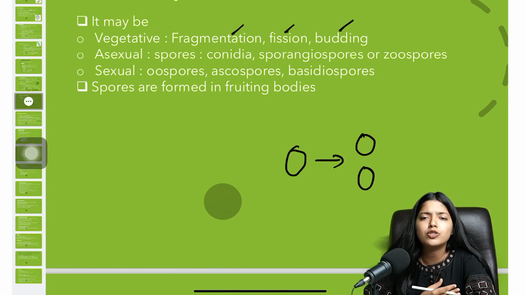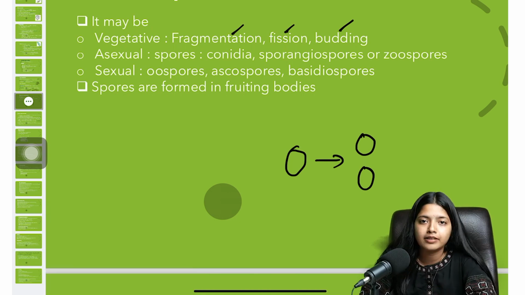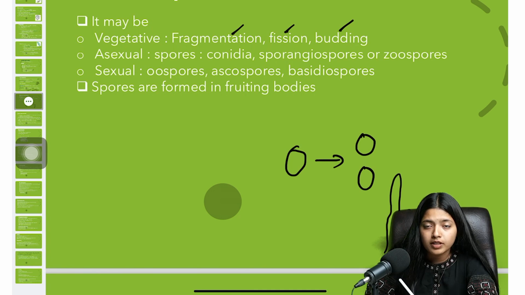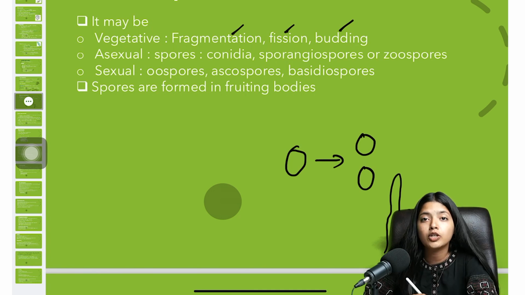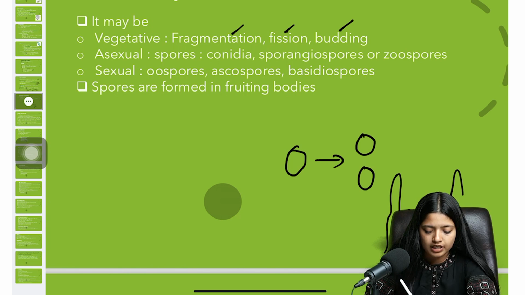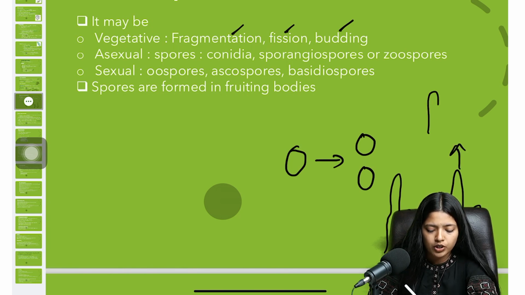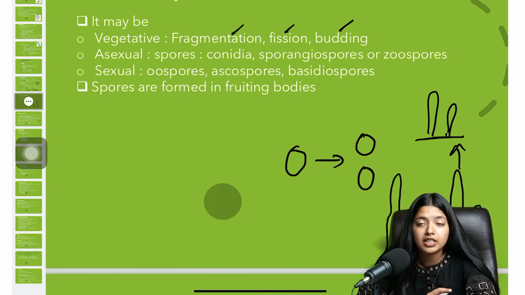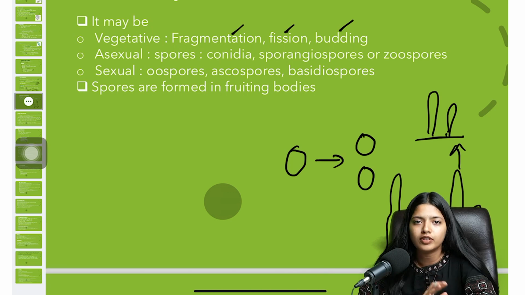Then budding: from a parent, a small bud is formed, the bud develops, detaches from the parent and grows into a new individual. So, fragmentation, fission and budding are the vegetative reproduction seen in fungi.